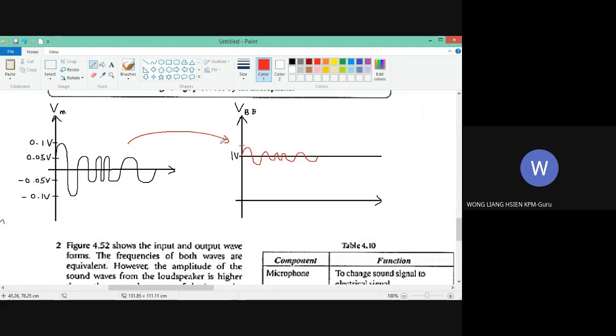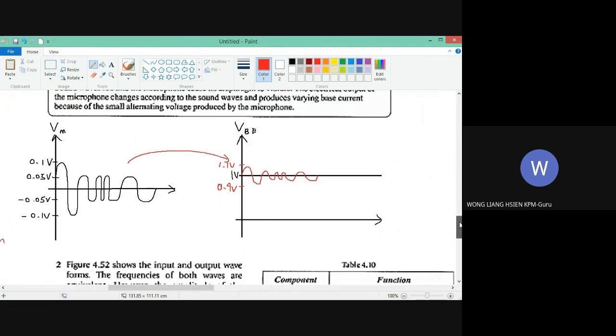So this is 1.1 volt. Here is 0.9 volt. Because 0.1 volt adds on to 1 volt, so 1.1 volt. This negative 0.1 volt adds on to 1 volt, so it becomes 0.9 volt. So the voltage of the base emitter will change because of the influence of the voltage from the microphone.